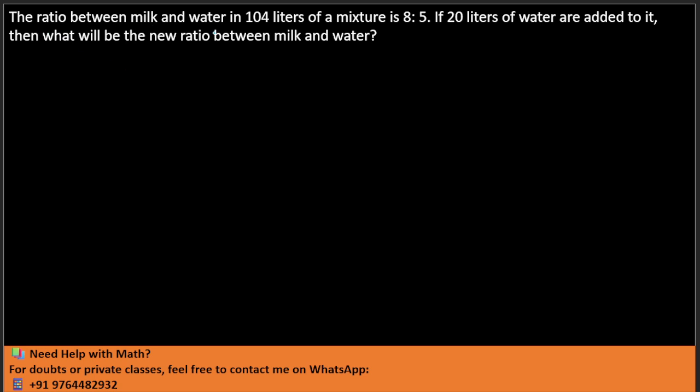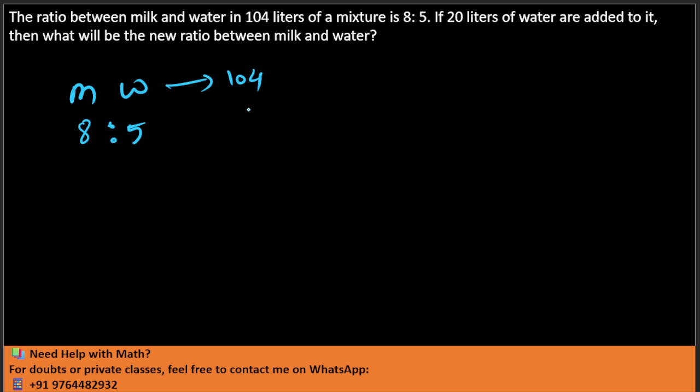The ratio between milk and water in 104 liters of mixture is 8 is to 5. So the mixture we have given, and the quantity of the mixture is 104 liter, and the ratio is 8 is to 5. And if 20 liters of water are added to it, then what will be the new ratio?